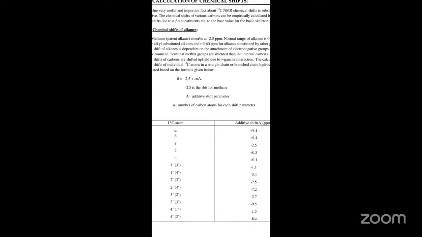First, we substitute the value for each primary carbon, secondary, and so on, by taking the standard value minus 2.5. So here delta C1 equals minus 2.5 plus 1 into 9.1. Why are we taking 9.1 here? Go to the table, where 9.1 is for the alpha carbon.